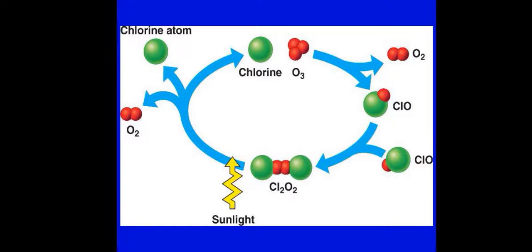Chlorine atom takes one oxygen atom to create chlorine monoxide, leaving one molecule of oxygen. Oxygen atom hits chlorine monoxide molecule. Ngayon, two oxygen atoms form an oxygen molecule. Chlorine atom is free and repeats the depletion process. So, did you get my point?